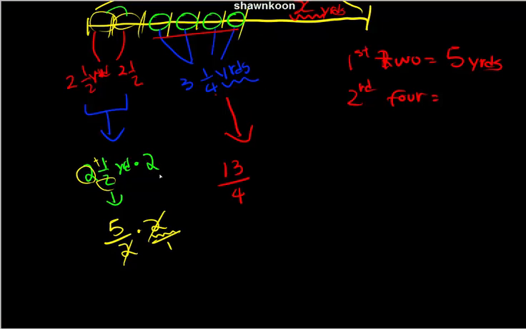Perfect. And how many are there? There are 1, 2, 3, 4. So if we multiply by 4 and we just cross because it's over 1, right? They cancel. So we can conclude that when we add these 4, the total length is 13 yards.